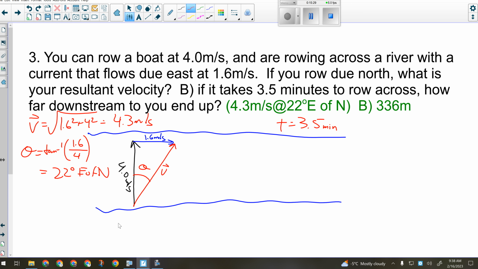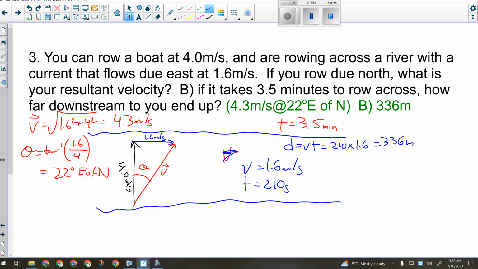Okay? So if I know that I'm going downstream at 1.6 meters per second, and I do that for 210 seconds, can I figure out how far downstream I go? It's just a v equals d over t calculation. Okay, so 210 times 1.6 should give me 336 meters, although it should be 3.4 times 10 to the 2 meters, if we're doing the right number of significant digits there.